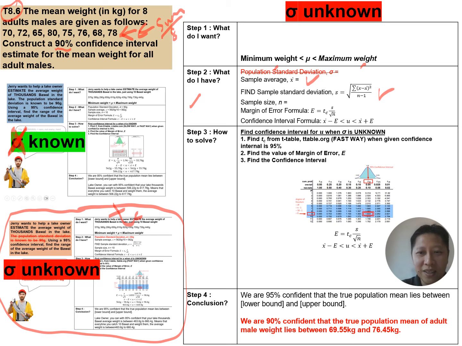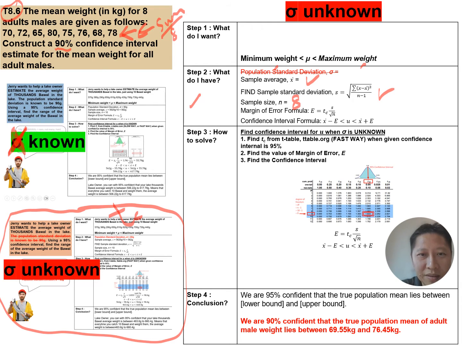To get the standard deviation is more complicated; doing it manually takes some time, but later on we still can get the number. Sample size, yes, we have 8 adults, n equals 8. Margin of error, later on we can come up with a number.